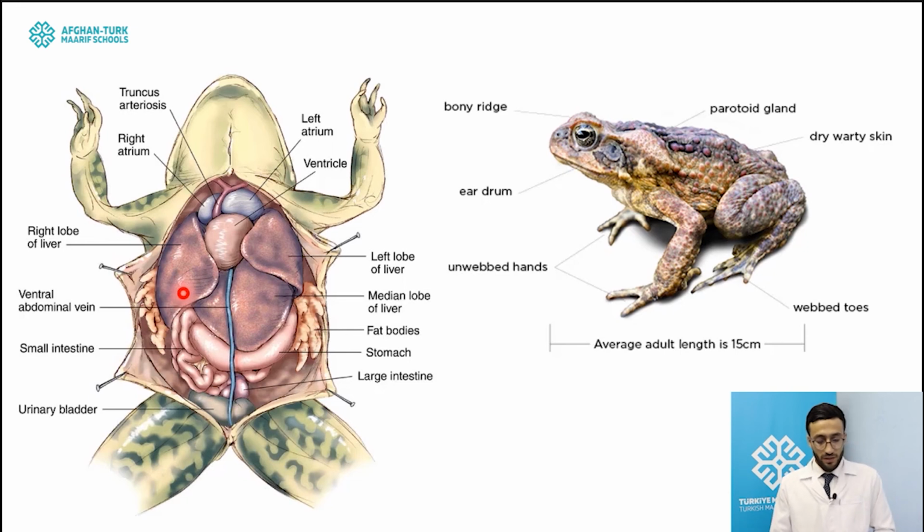The liver is composed of three lobes: the middle lobe, or ventral abdominal lobe, and the right lobe. Another important part is the digestive system, which starts from the mouth and ends at the anus. In the middle part, you can see the stomach and small intestines.